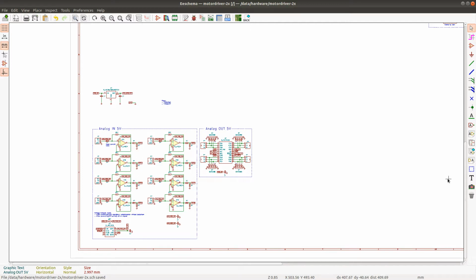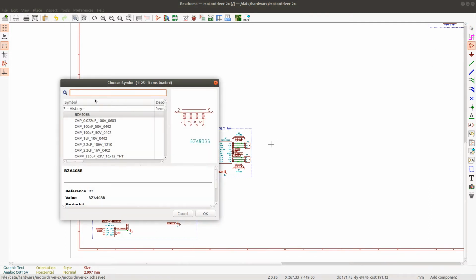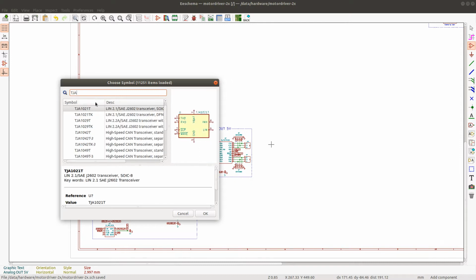So I'm going to start with just adding the CAN2B, and then I will look at the CANFD transceiver. So for CAN2B, I'll be using the TGA.